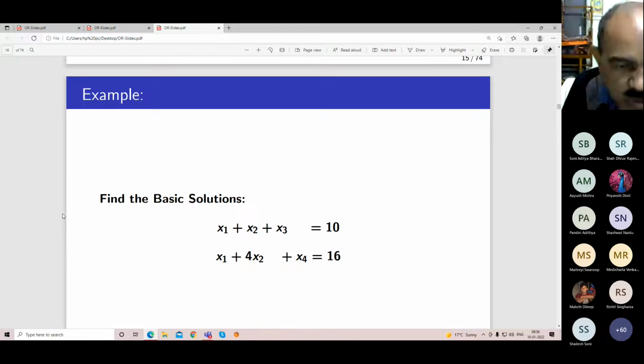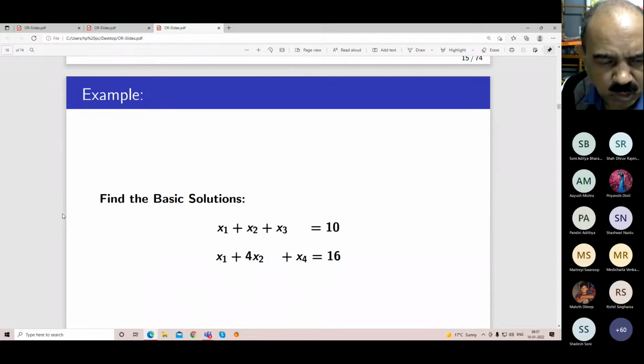How to explore it? We consider a system first, then check whether the system is consistent or inconsistent. We find the system is consistent, and generally we have more variables and fewer equations. After checking that the system is consistent, we find the rank of the coefficient matrix.